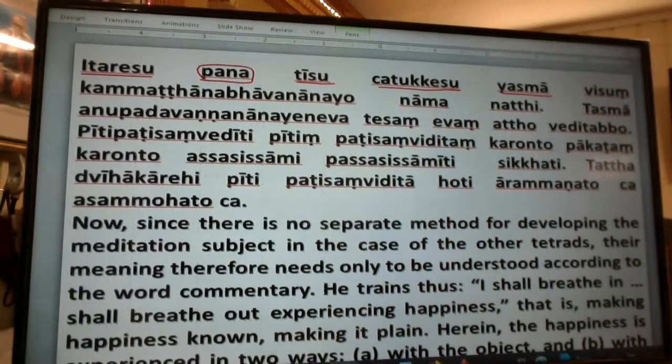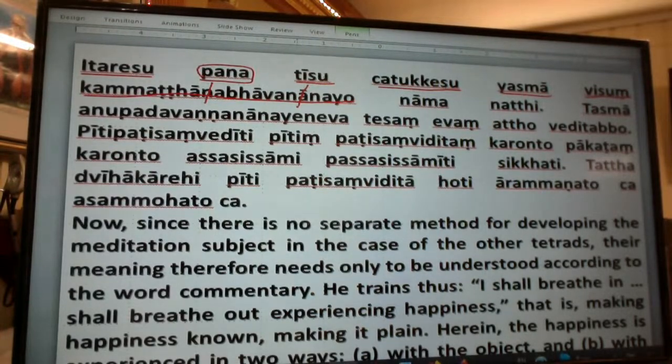Because wisdom is separate. Separately, Kamathana Bhavanayo. Kamathana is meditation, Bhavana is developing, Nayo is a way or method.